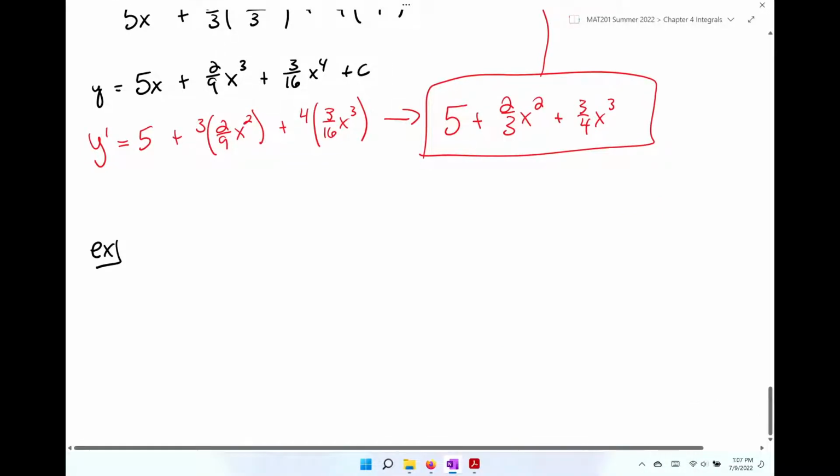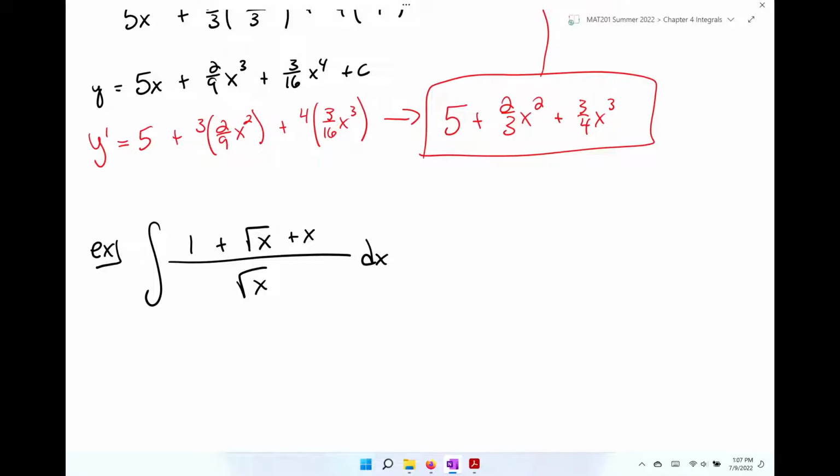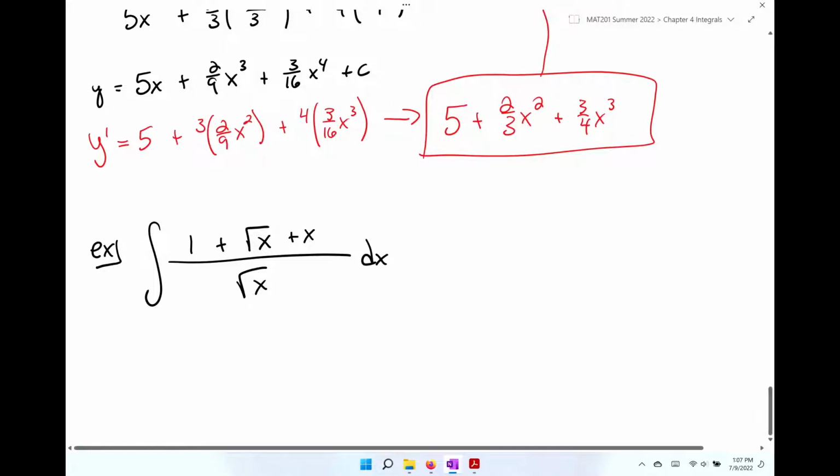All right, we're going to do the integral of 1 plus the square root of x plus x, all divided by the square root of x dx. So once again, this is a situation where you're going to want to simplify first, because notice we don't have any rules that really deal with fractions. In fact, in Calc 2, you're going to learn about trigonometric substitution and partial fraction decomposition, and that is where we apply those techniques.